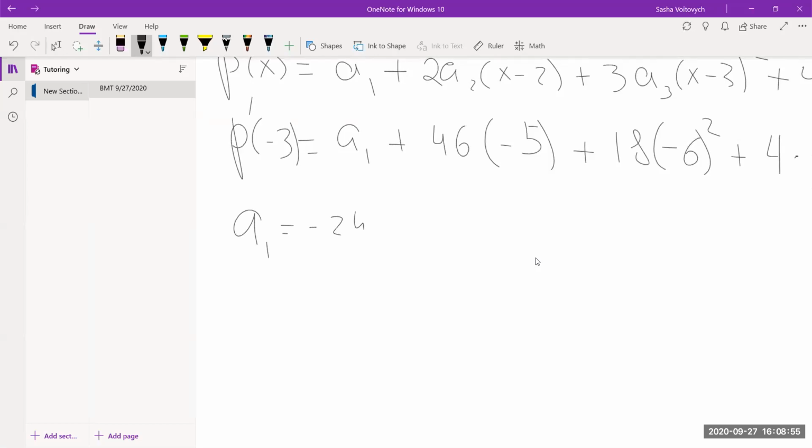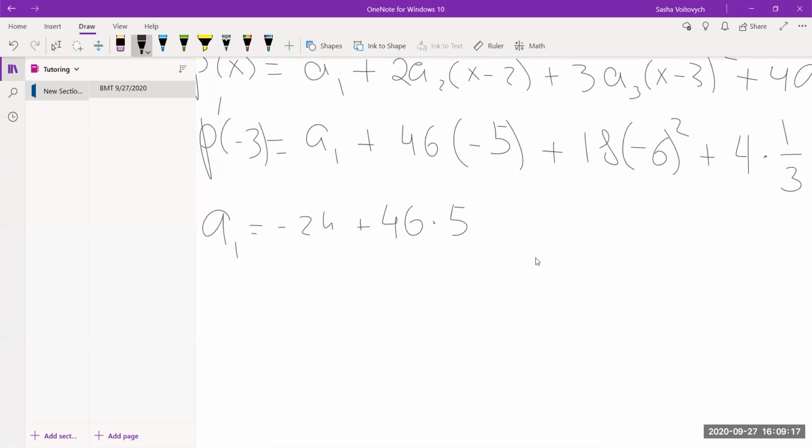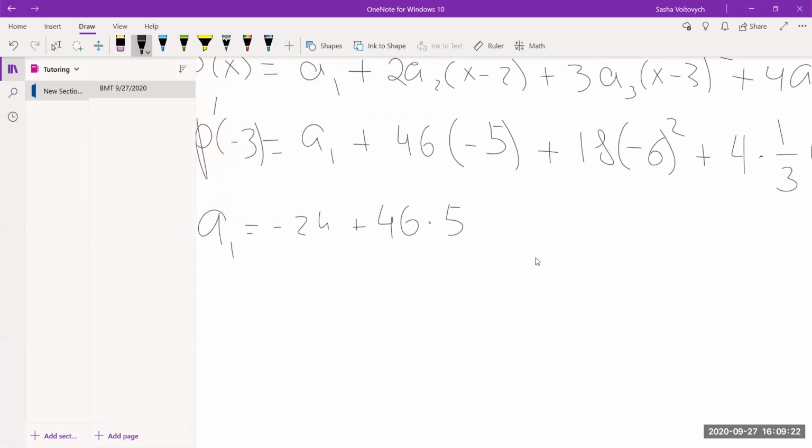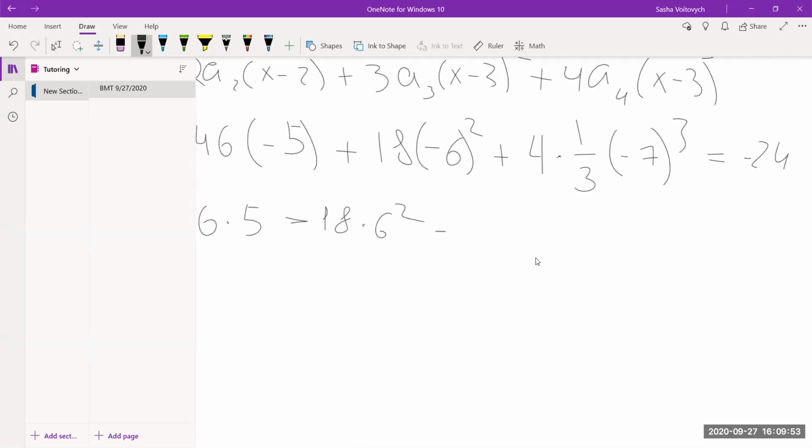So a1 will be equal to minus 24 plus 46 times 5, minus 18 times 6 squared, and plus 4 times 1/3 times 7 cubed.